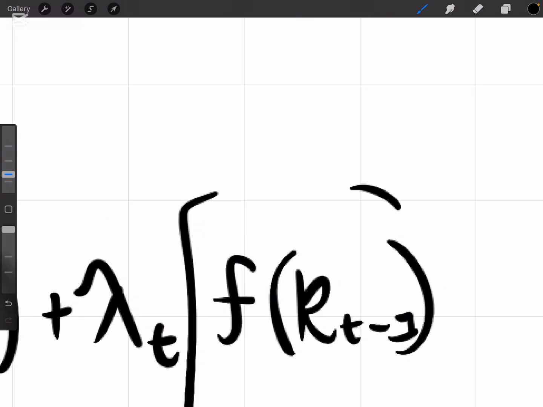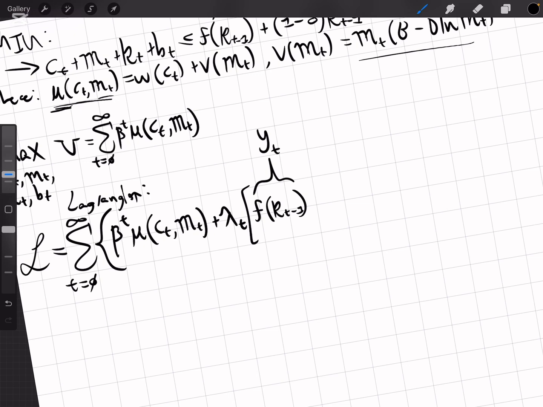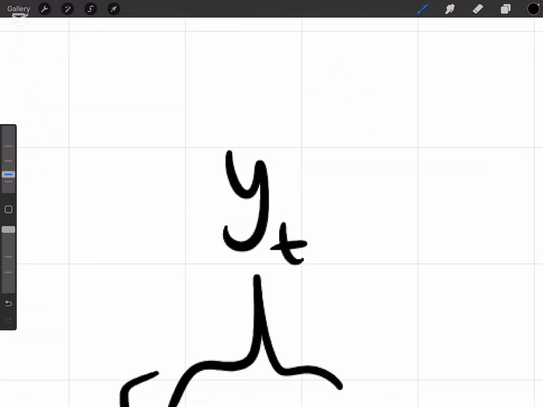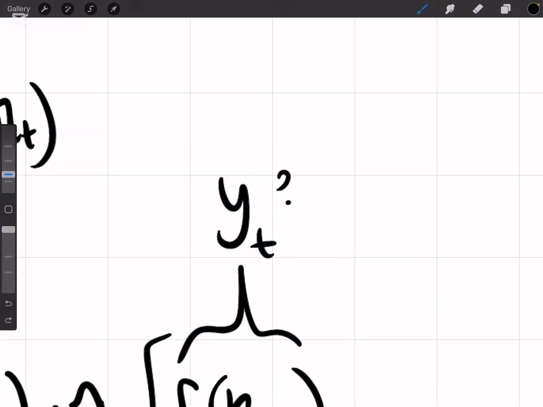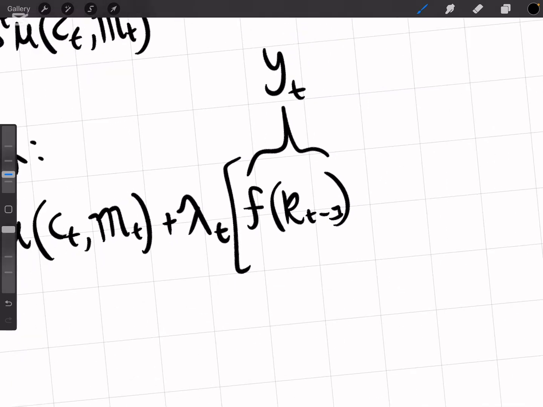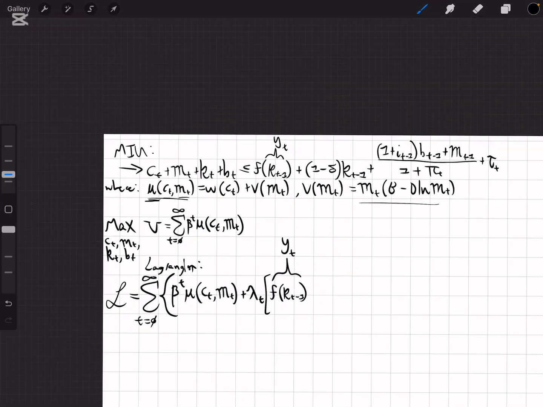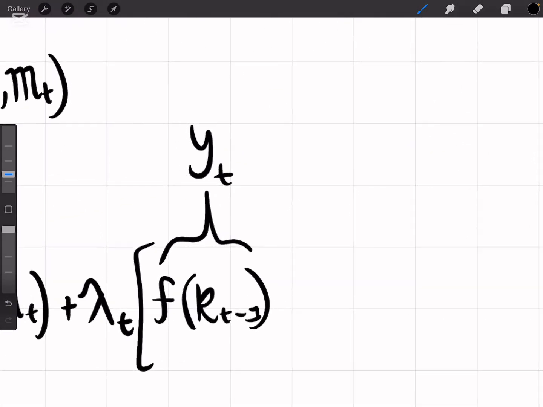So I think this would be y at time t. Don't quote me there, because maybe it's y at time t less 1. Actually, that would make no sense, I think, so maybe it is just time t. But it's not super important. It's a function of k at time t less 1.